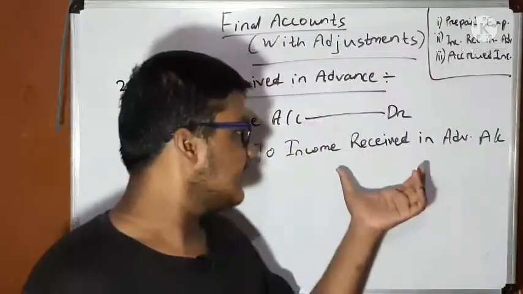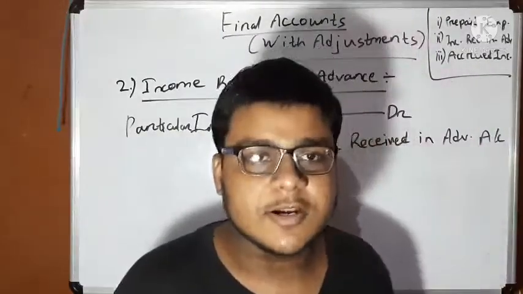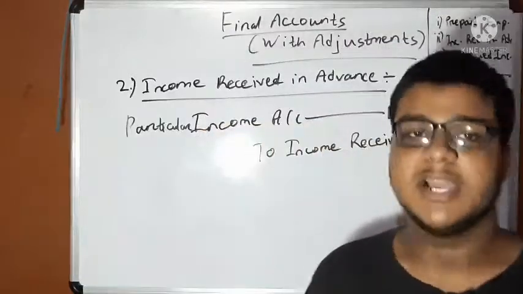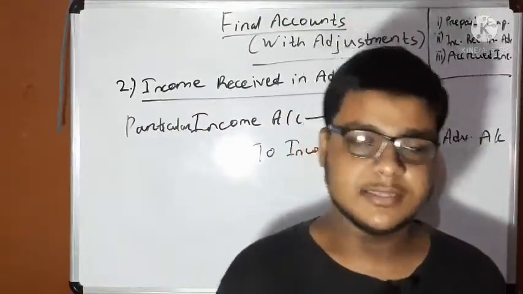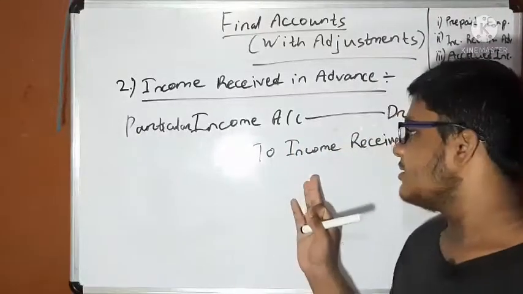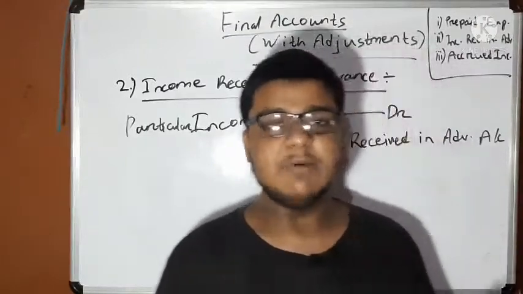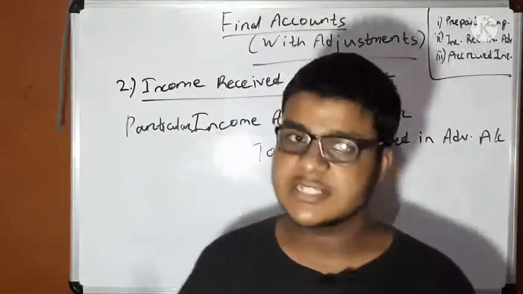And this amount which is deducted from that income is to be recorded as a liability on the liability side of the balance sheet. This is a liability for this current accounting period because it is the income of the next accounting period.